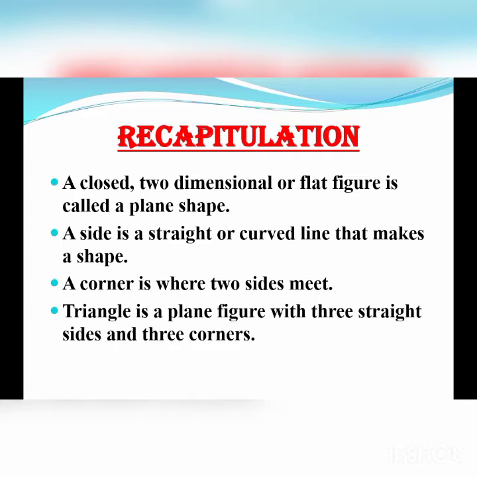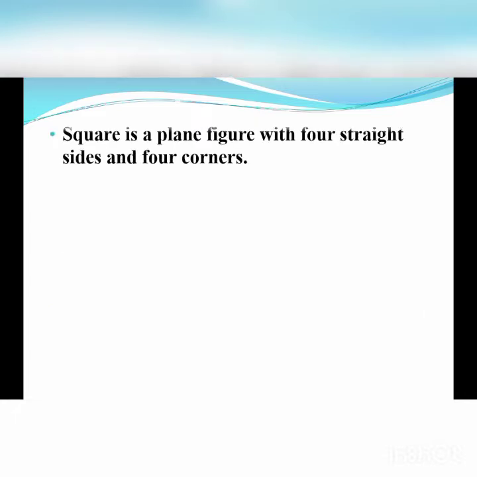A triangle is a plane figure with 3 straight sides and 3 corners. A square is a plane figure with 4 straight sides and 4 corners. In a square, all sides are equal.